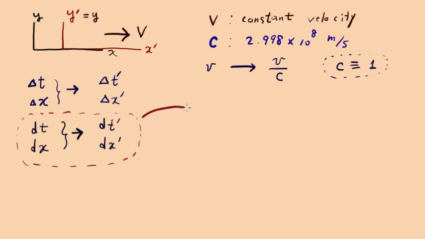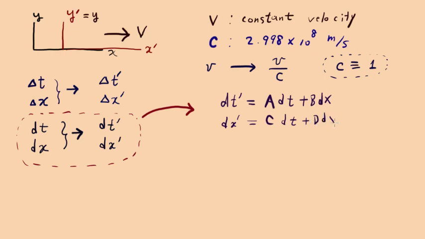Now, you can generally write this transformation as a linear relationship. Namely, you can write it as dt prime equals a dt plus b dx, and dx prime as c dt plus d dx.